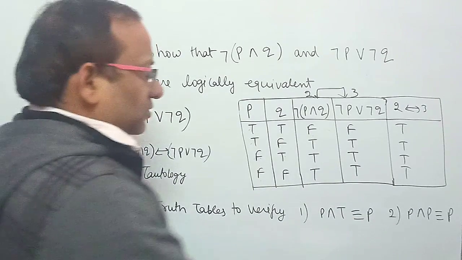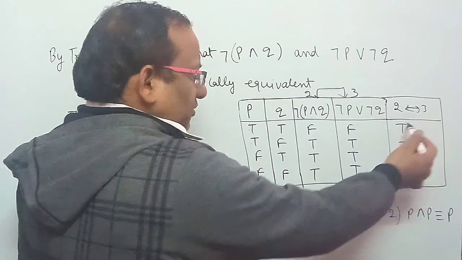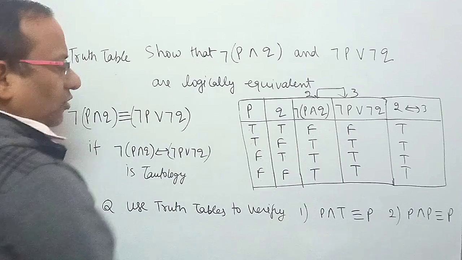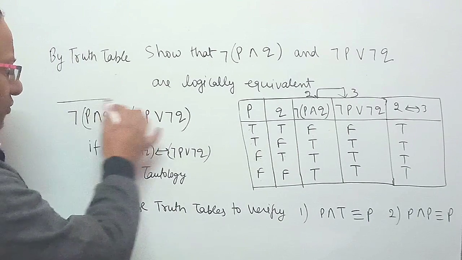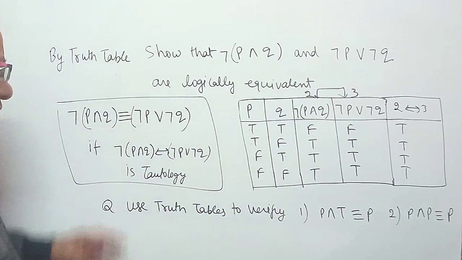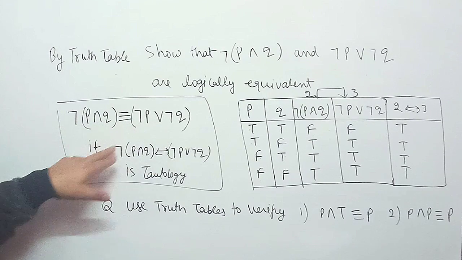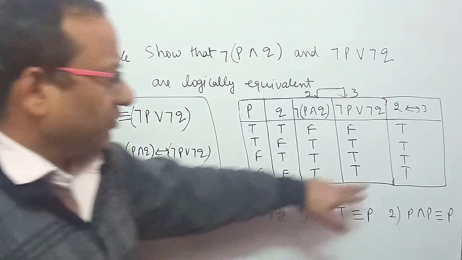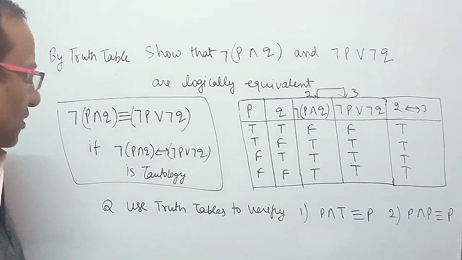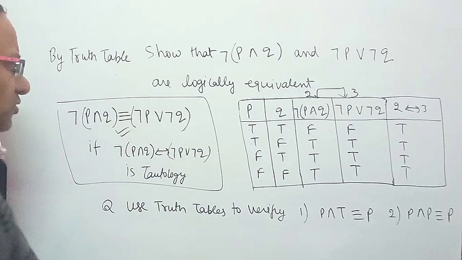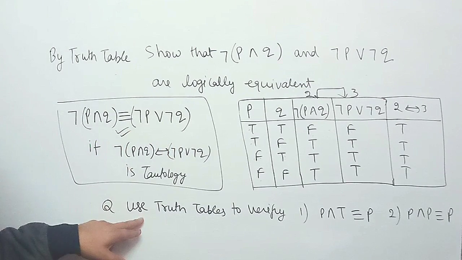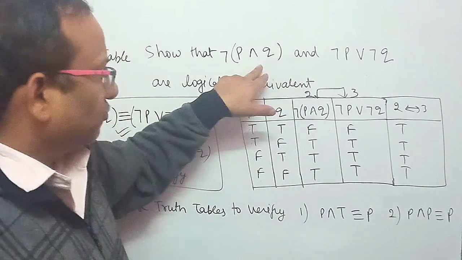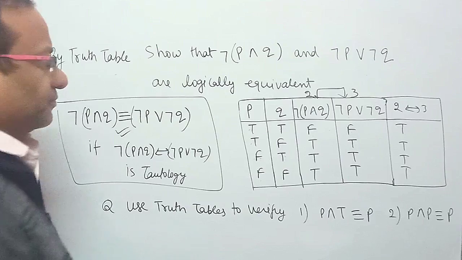So this 2 biconditional 3 is a tautology, hence we can say they are logically equivalent, as the definition of equivalence is this: this is equivalent to this if left hand side biconditional right hand side is a tautology. So here we are getting a tautology, hence these two are logically equivalent. And this was nothing but one De Morgan's law.